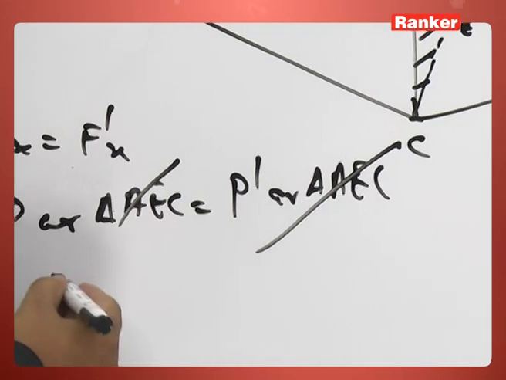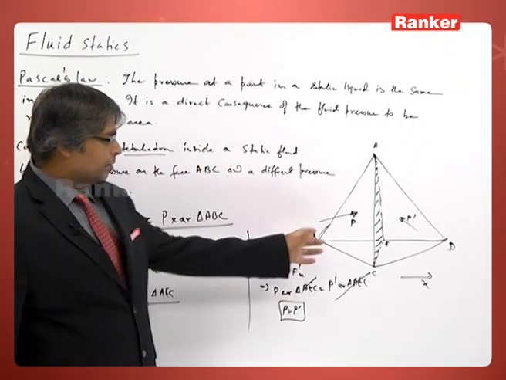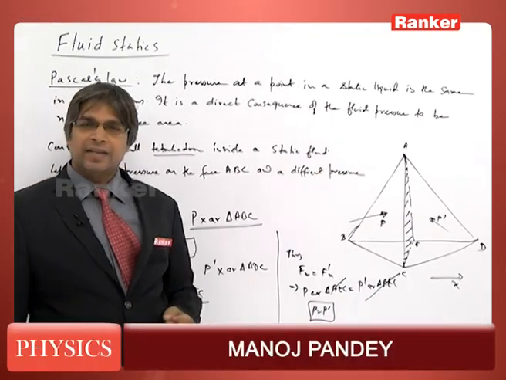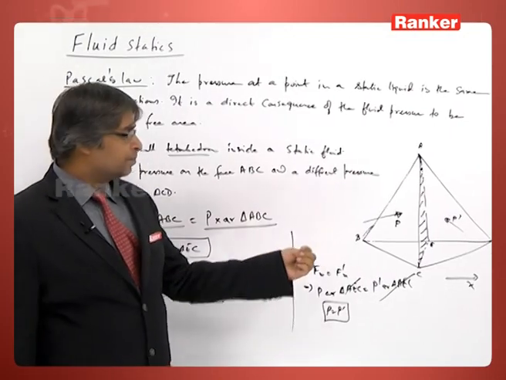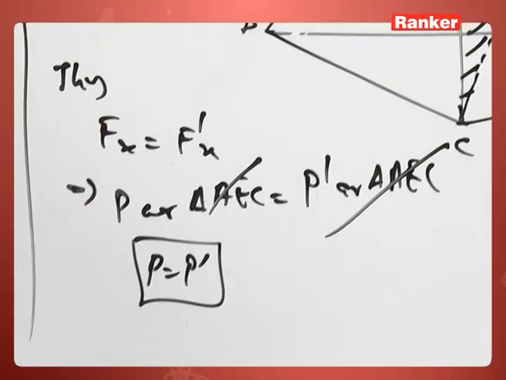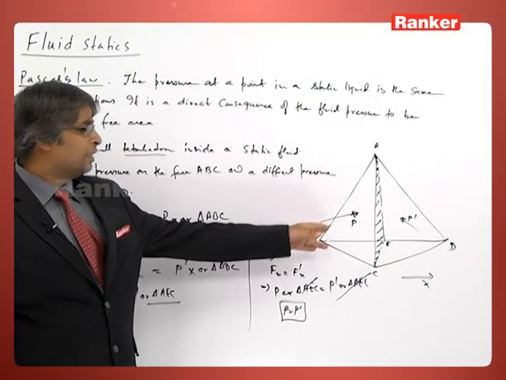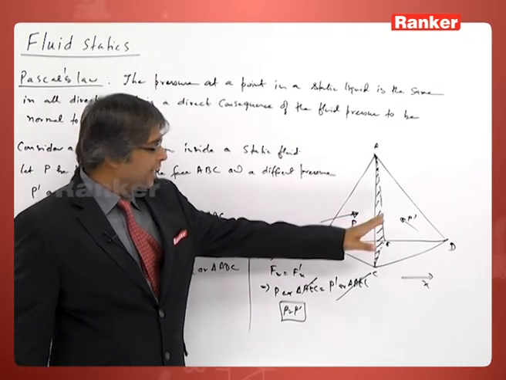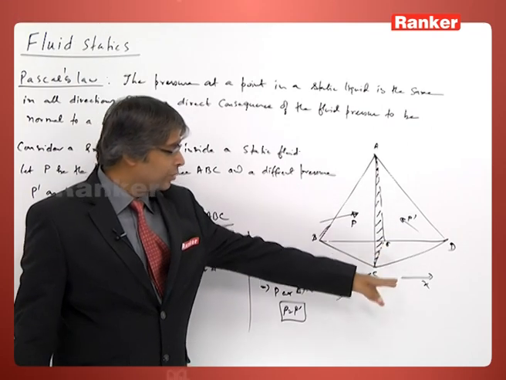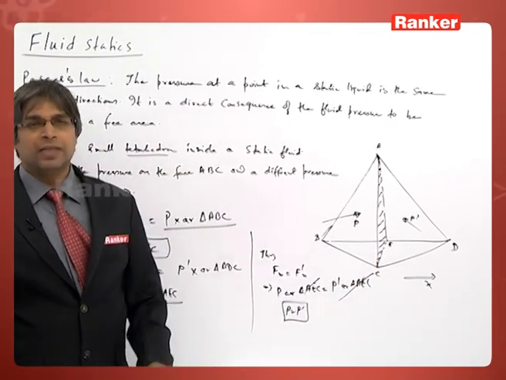These cancel, so P is equal to P dash. That means if a tetrahedron is in equilibrium inside a liquid, P must be equal to P dash, and x is an arbitrary direction. So P is equal to P dash is equal to P double dash. Thus the pressure is the same in all directions.